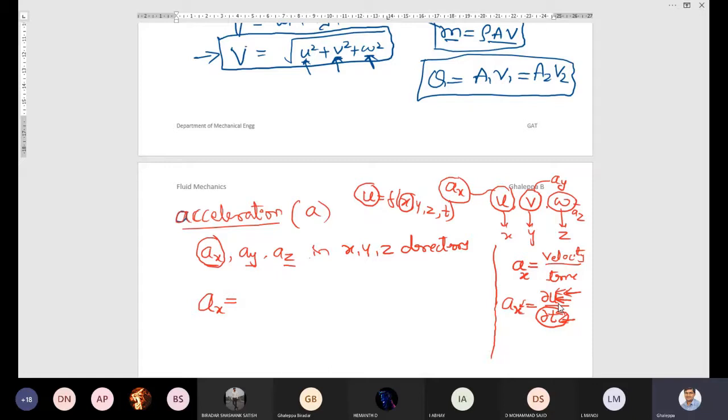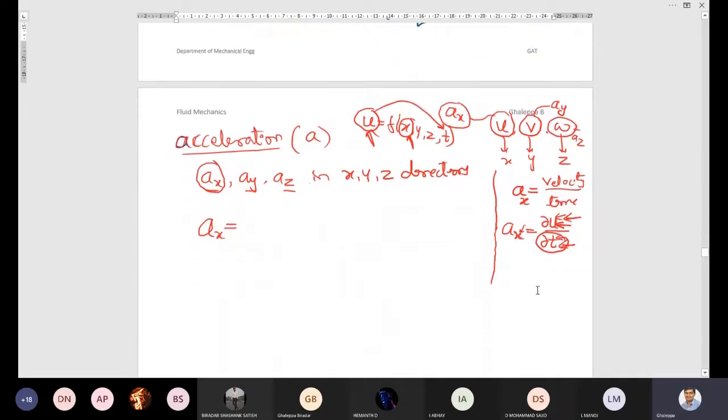You can also see here u is a function of x as well as u is a function of time. So you need to apply a chain rule. What you will apply? You apply chain rule. That is, you studied in mathematics. Why you apply chain rule is, if any one variable is dependent on two functions, then you apply chain rule. That chain rule I will apply here. I will tell you how to apply, don't worry.